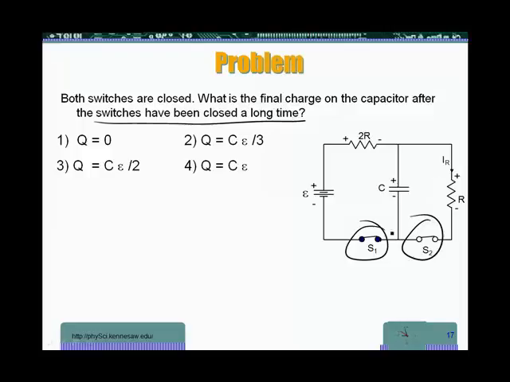Both switches are closed, which means that we can have a current here, let's call it I, a current here that's called IR, and a current in the capacitor, IC. If the capacitor is fully charged, IC is 0. Then I is equal to IR.